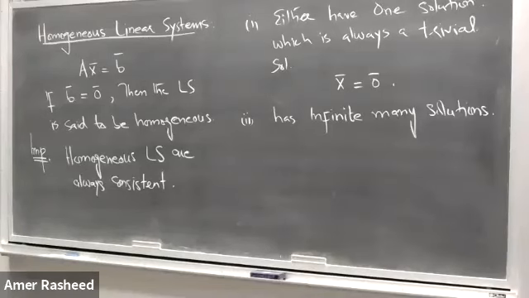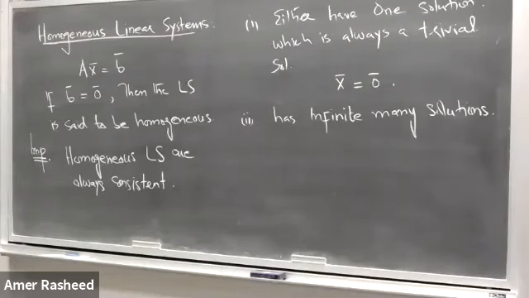So if in an augmented matrix we get a row which contains all zeros except one at the end, this is what happens when we obtain such a row in an echelon form or reduced echelon form of an augmented matrix.